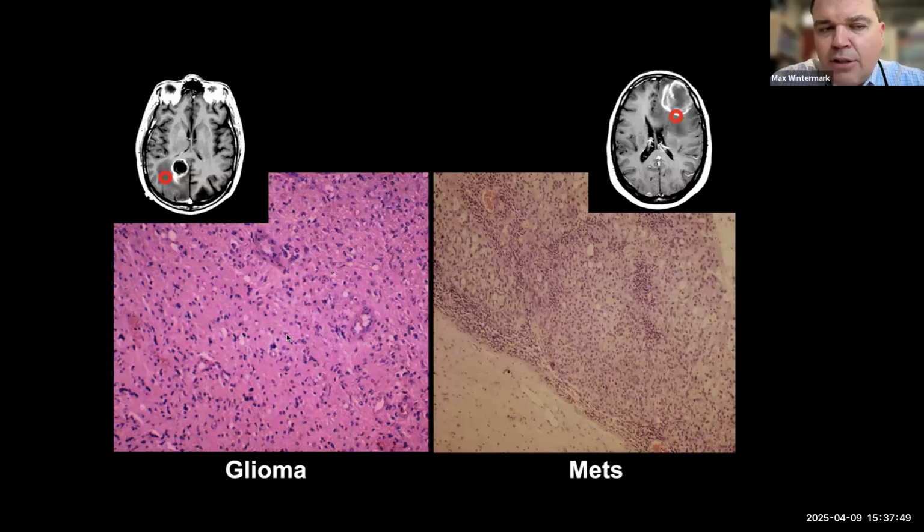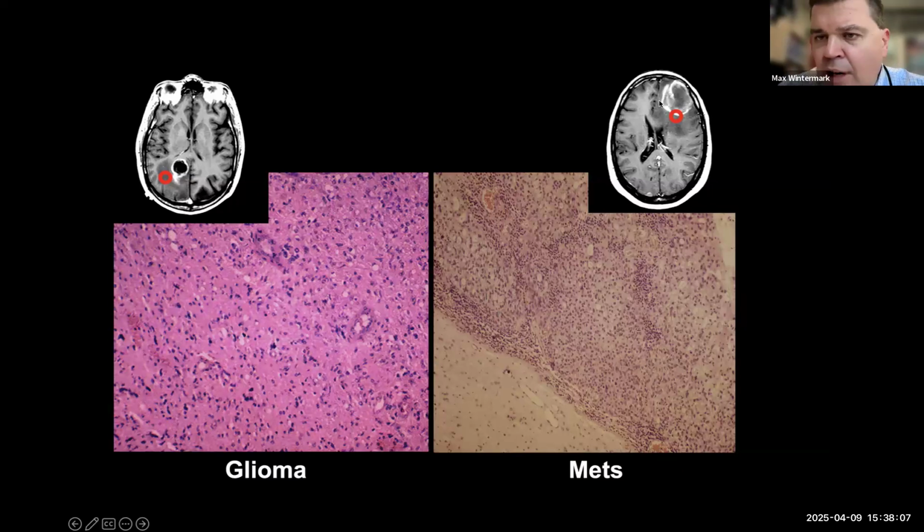The other thing that you can use is you can look at the area of abnormal T2 or FLAIR signal surrounding the area of abnormal enhancement. Because again, in a metastasis, and it's illustrated here, there are no tumoral cells in that area that has the abnormal T2 or FLAIR signal. Whereas primary glial tumors are infiltrative tumors.